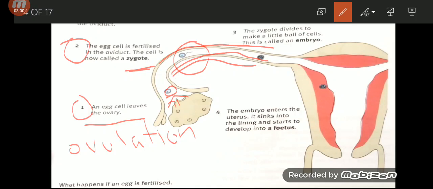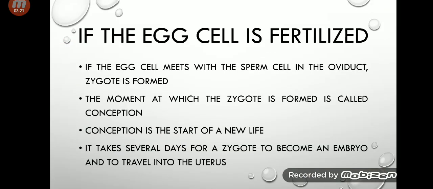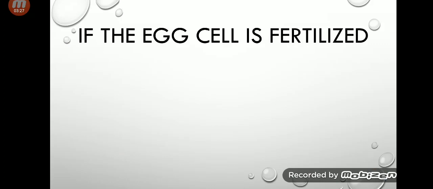Number two, the egg cell is fertilized in the oviduct. The cell is now called a zygote. After fertilization, a zygote is formed, and this process is called conception. If the egg cell meets with the sperm cell in the oviduct, a zygote is formed.